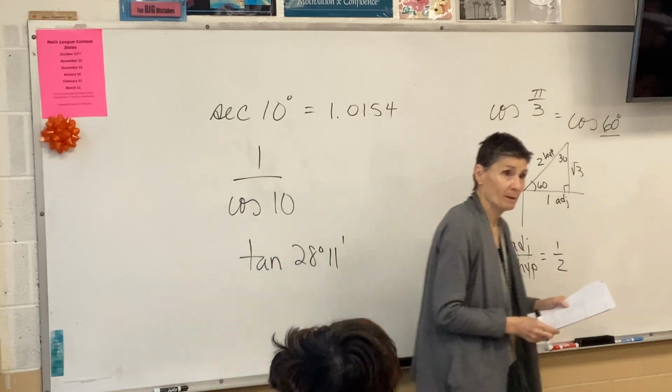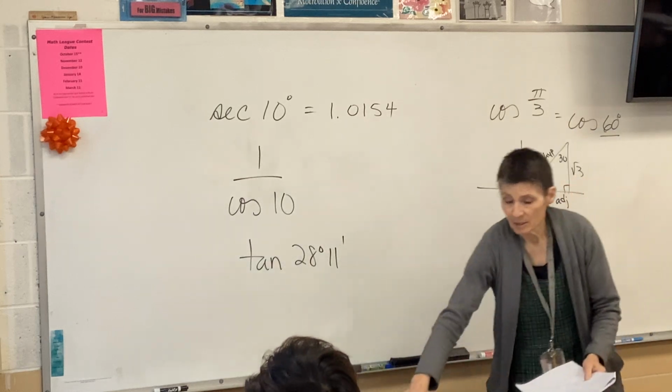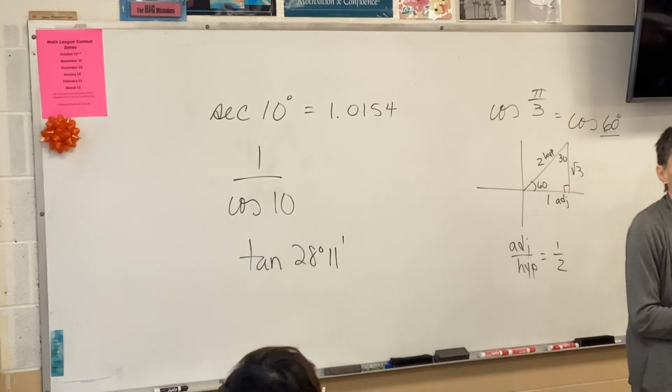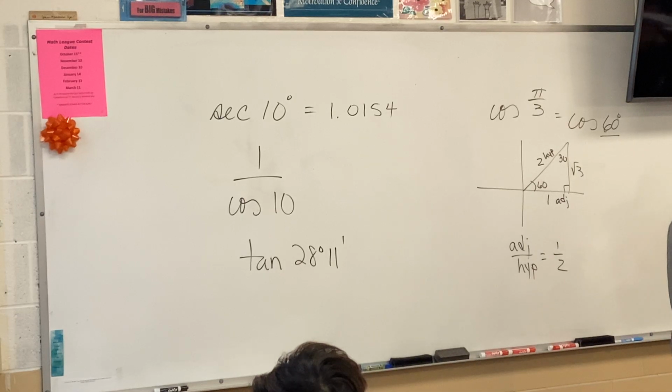Do I have a tangent button? Yep, that's good. Now I've got to remember how to put in 28 degrees 11 minutes. So tangent 28. Who remembers where the degree mark is? Second angle, degrees. Good.